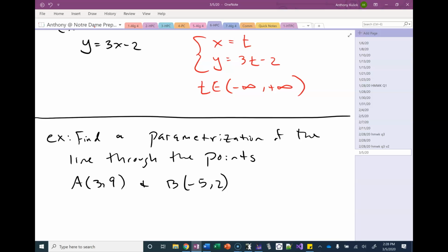When I say find a parameterization, what are we really asking for? I want the parametric equation. Everybody's okay with that? Okay, so what's one way we could do this? It should be quite obvious.